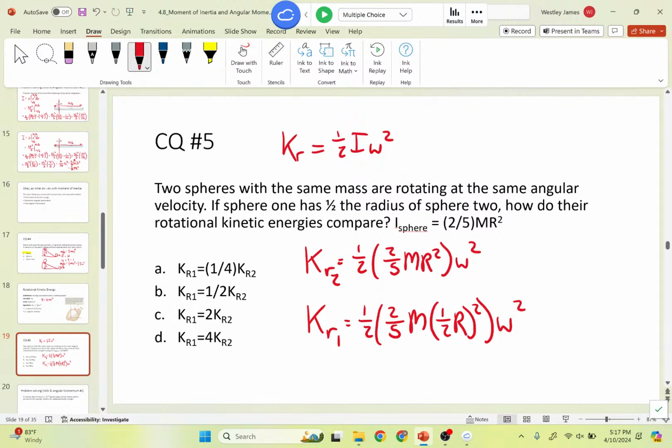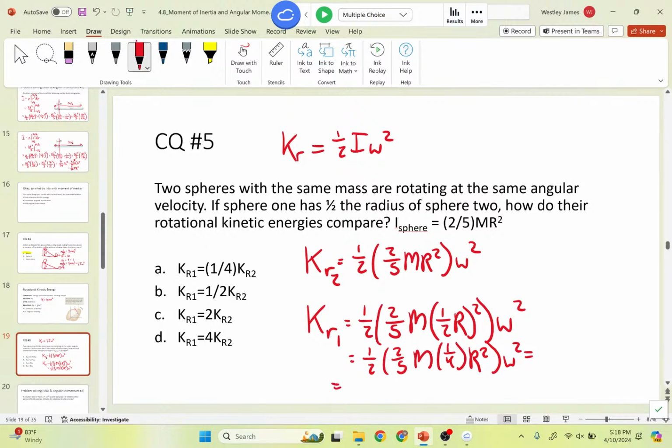Once you put in that change, pull that to the front. So 1/2 squared. Everything else stays the same: 2/5 m. What's 1/2 squared? It's 1/4. Pull that 1/4 all the way to the front. We want this to look like the other one with a number in front.